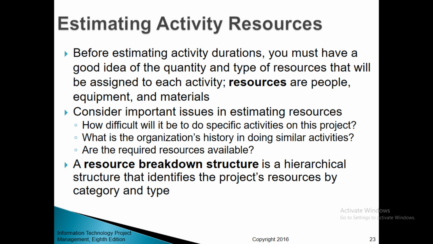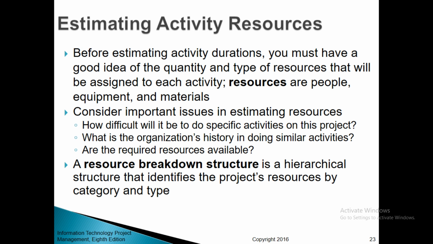A resource breakdown structure is a hierarchical structure that identifies the project's resources by category and type. In simple terms, estimating activity resources is like figuring out who and what you'll need to get the job done.